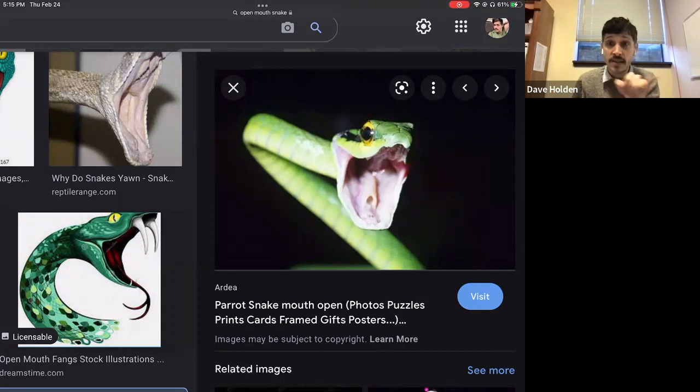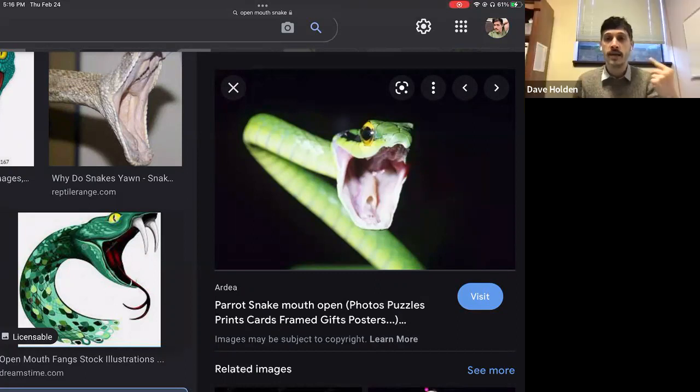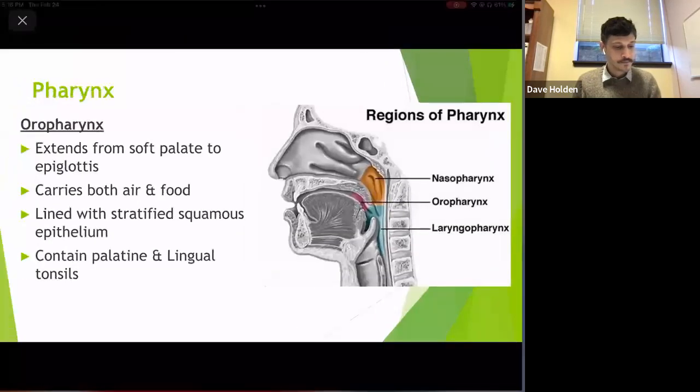That's the windpipe for a snake, which is why they can swallow these enormous eggs or things way bigger than their head. They can keep breathing while they are swallowing. Humans cannot do that trick. Their windpipe and their esophagus are two separate tubes and they do not crisscross. Humans crisscross their breathing and eating tubes.